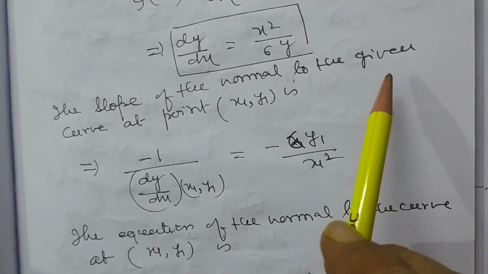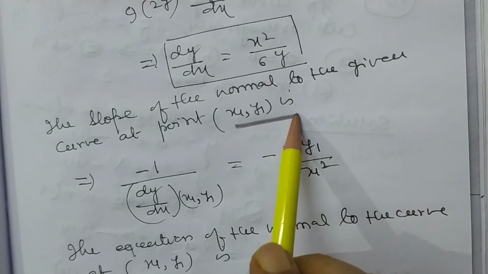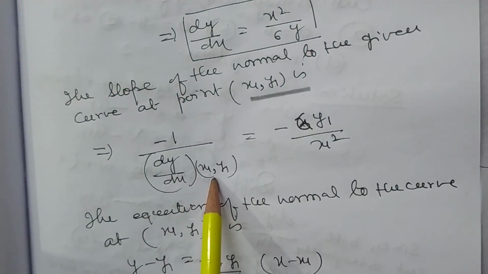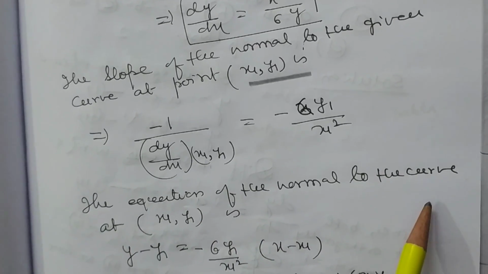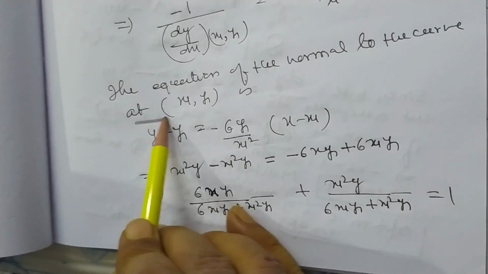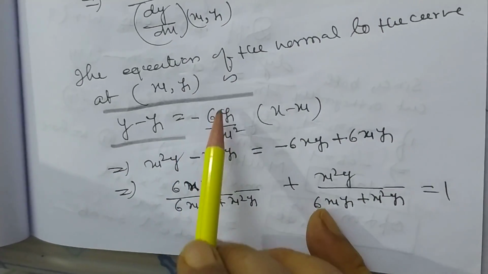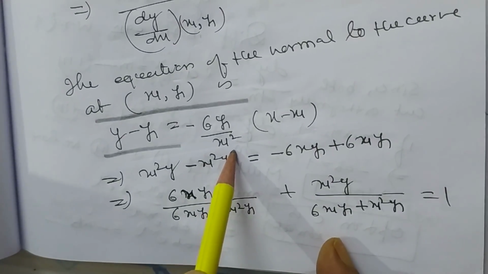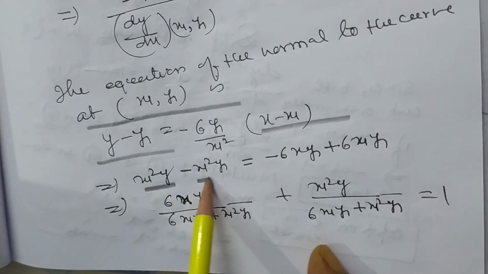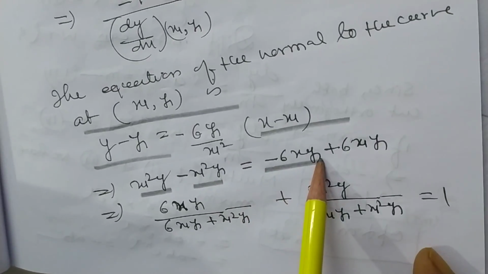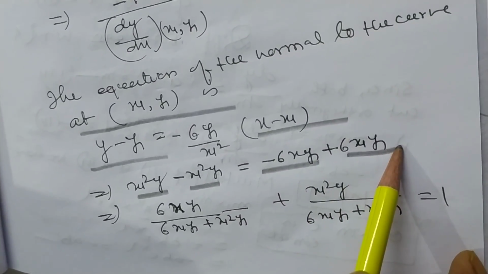The slope of the normal to the given curve at point x1, y1 is minus 1 by dy by dx at x1, y1, that is minus 6y1 by x1 square. So the equation of the normal to the curve at x1, y1 is y minus y1 equal to minus 6y1 by x1 square, x minus x1. It will be x1 square y minus x1 square y1 equal to minus 6xy1 plus 6x1 y1.